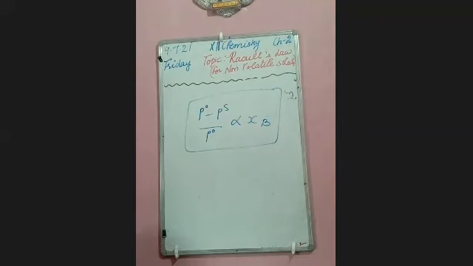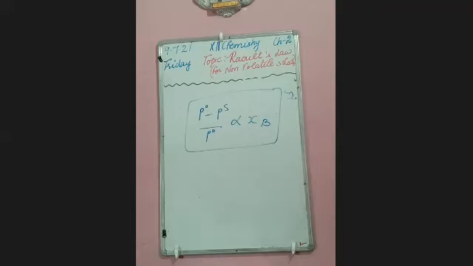So, Raoult's law is a special case of Henry's law. And there are many similarities and dissimilarities between these two also. The similarity is that both apply to the volatile component of the solution. And in both, the vapor pressure of any component in the solution is directly proportional to the mole fraction of that component, in Henry's law also and in Raoult's law also.